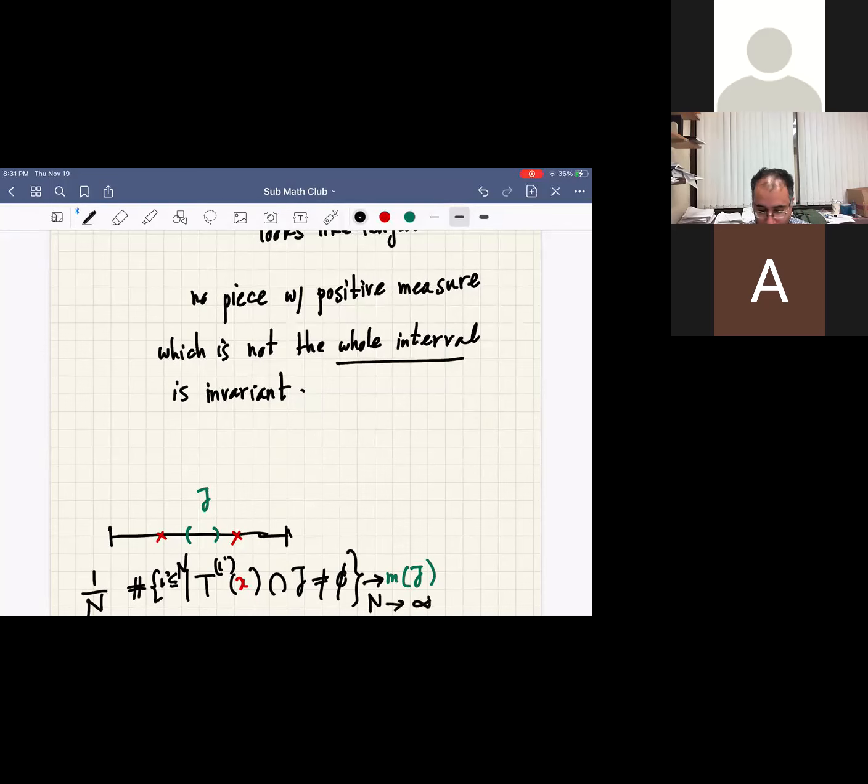So this is just writing what I said in mathematical terms. So just fix an N. This N is a big integer, let's say 1000.